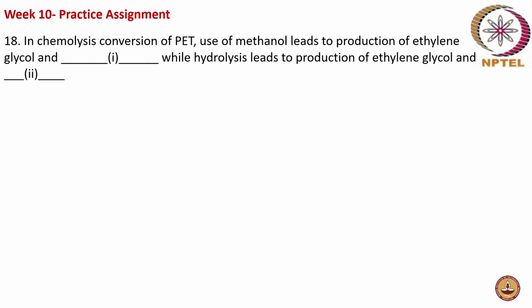So when we use methanol, what is the monomer we end up with when we break polyethylene terephthalate? And when we use water for breaking polyethylene terephthalate, what are the monomers we end up with?